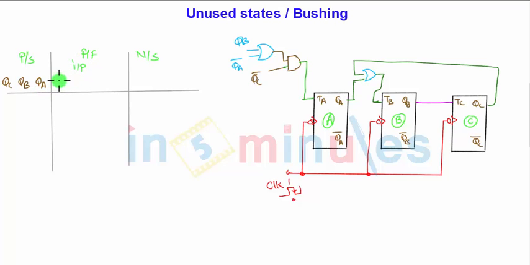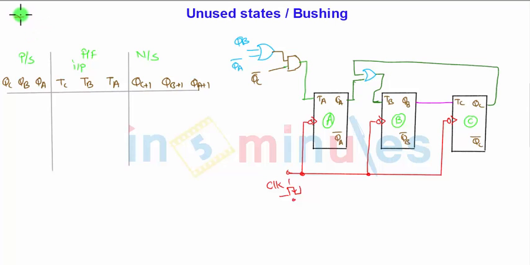Inputs to flip-flops are going to be TC, TB, TA. Okay. And next states are Q of C plus 1, Q of B plus 1 and Q of A plus 1.